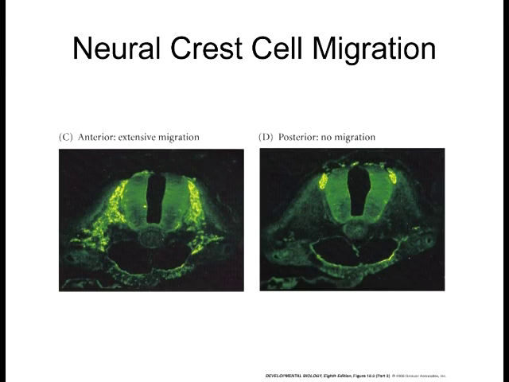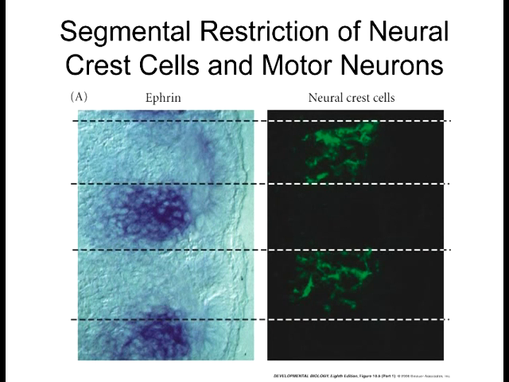So if you look at a somite as if it's a sphere, there's an anterior half and there's a posterior half. The anterior half allows neural crest cells to migrate through. So what's one of the key factors that allows them to do that? It's the relationship between an ephrin protein, or a ligand, and an ephrin receptor.